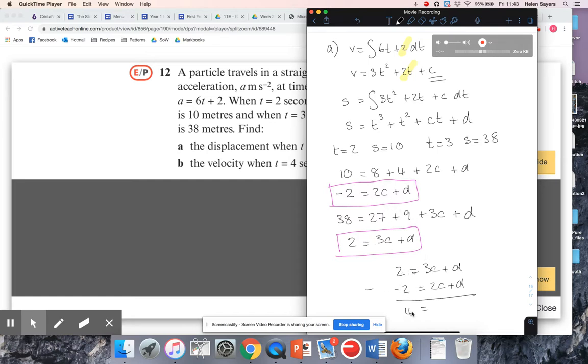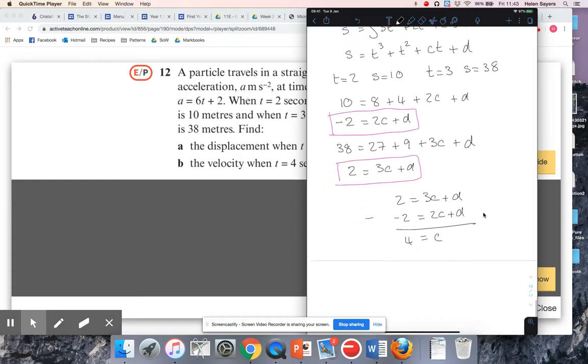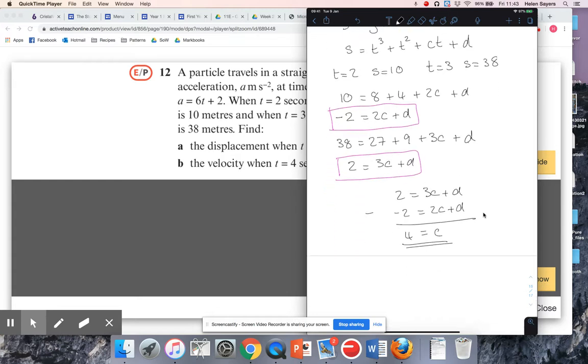So 2 minus minus 2 is 4. 3c minus 2c is c. And d take away d is cancelling. So I've got c is 4. Now that I've got c is 4, I'll go back to this one. So if c is 4, 2 is 12 plus d, so d has got to be minus 10.